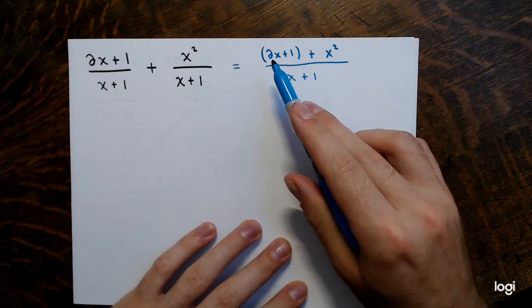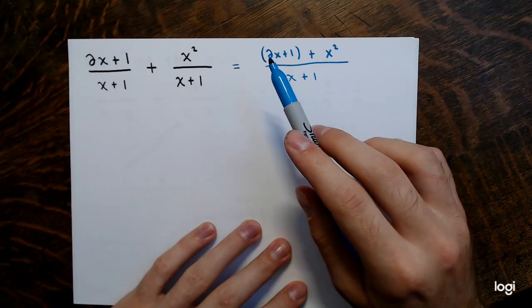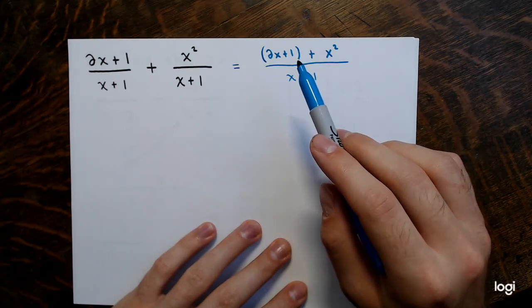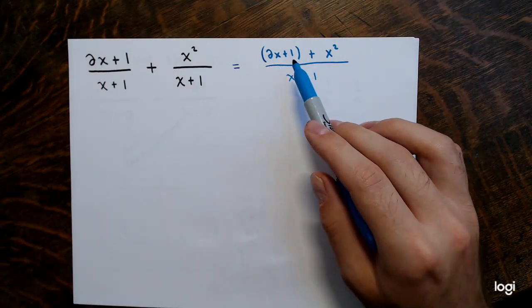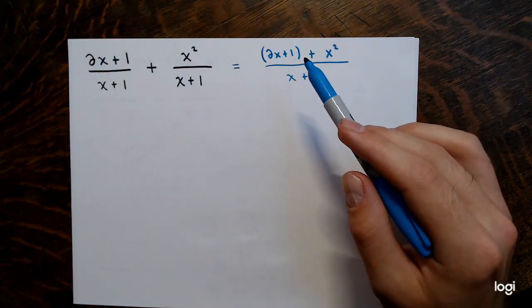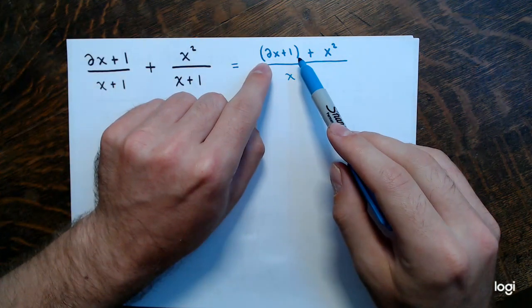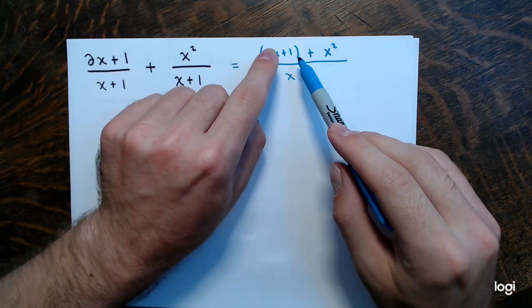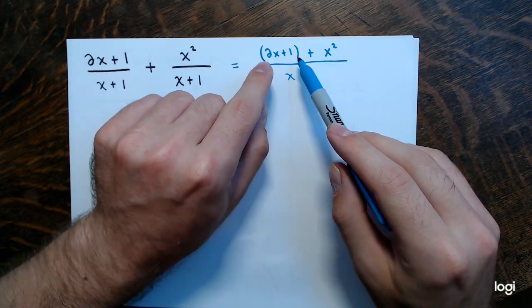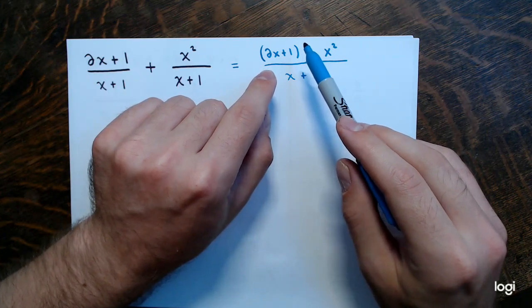But the first numerator has multiple terms. And I know you're probably saying, you don't really need parentheses around this either. Again, I'm just getting into the habit of putting parentheses around numerators with more than one term. You'd be right though, there is no need for parentheses here because it's not being multiplied. There's nothing I need to distribute, and also I'm not raising it to a power or an exponent.